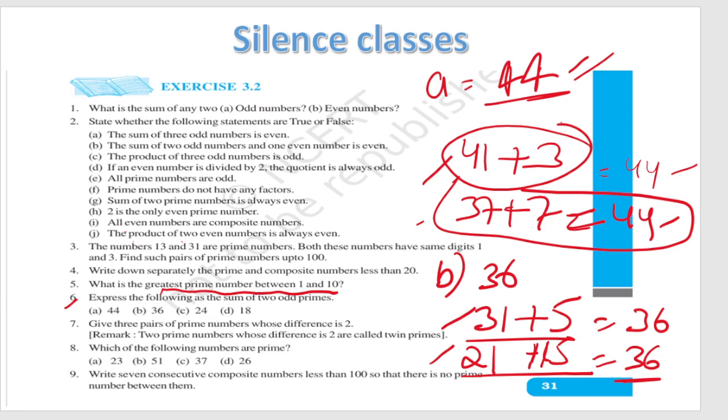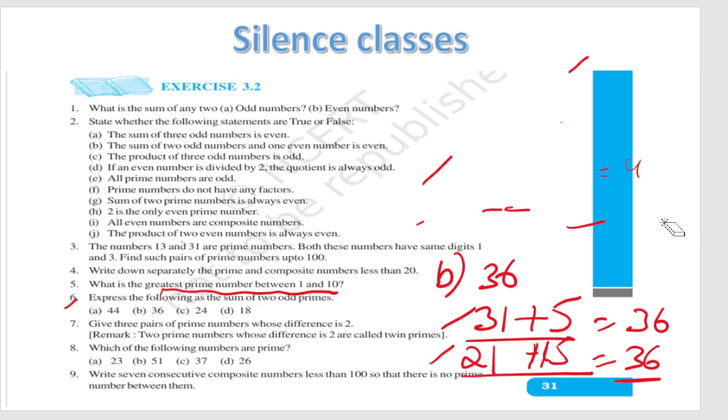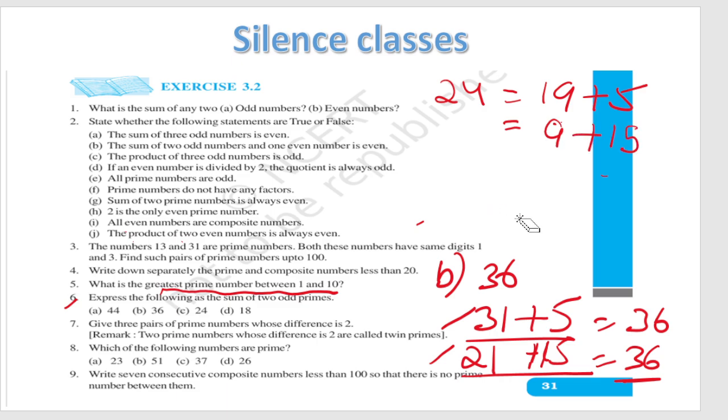Now the next question is 24. So 24 is equal to 19 plus 5. If I take 9 plus 15 that is also 24.